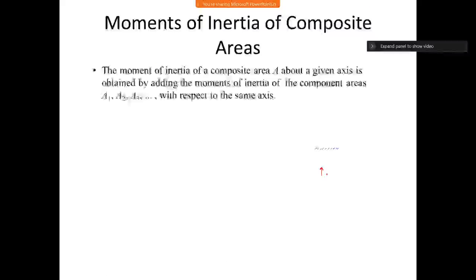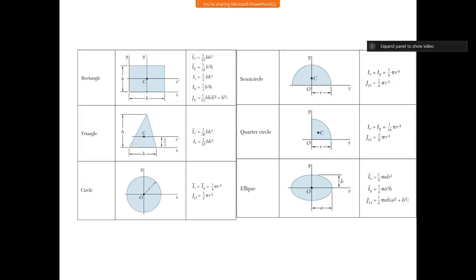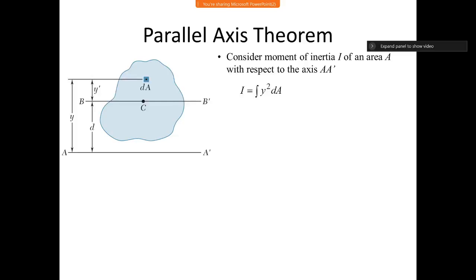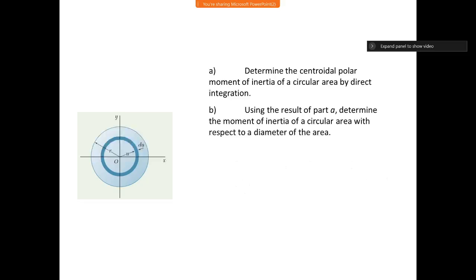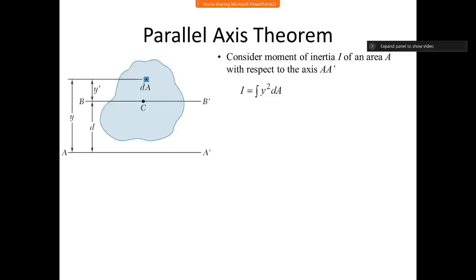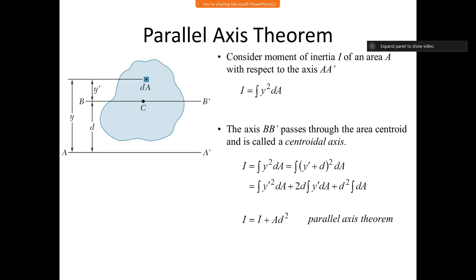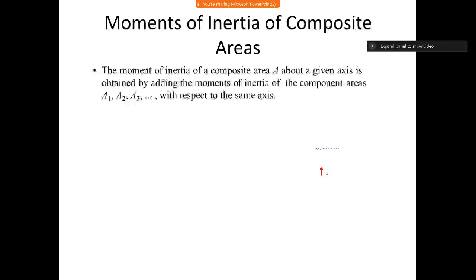Last class we looked at the basic concept of moment of inertia. It was defined as the integral of y squared dA, Ixx was the integral of y squared dA. We also saw the parallel axis theorems and then different shapes.